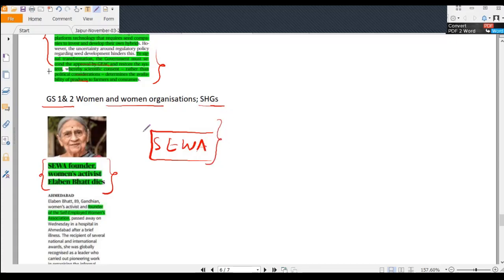And it started real growth towards women empowerment. So in that respect, this news is significant. This can be used in your mains answer writing as a case study as to how women can be empowered and how their development can be ensured.